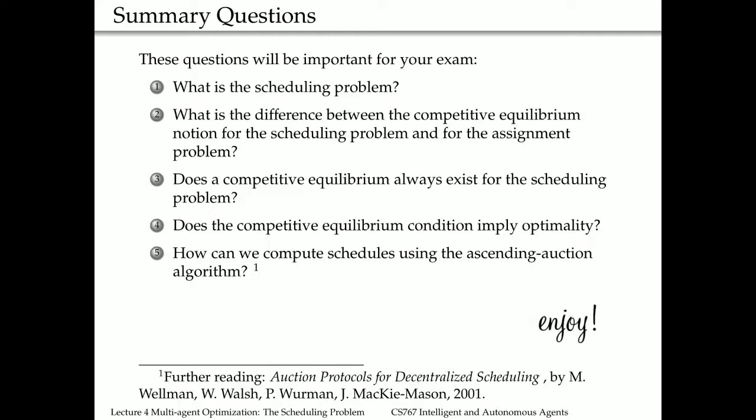But on the downside, in this case, we cannot guarantee that a competitive equilibrium always exists. And we designed this ascending auction algorithm, which failed for a number of cases. Right? Nevertheless, it's still an interesting mechanism and still is worthy to discuss. Right? So I'll see you in the next.